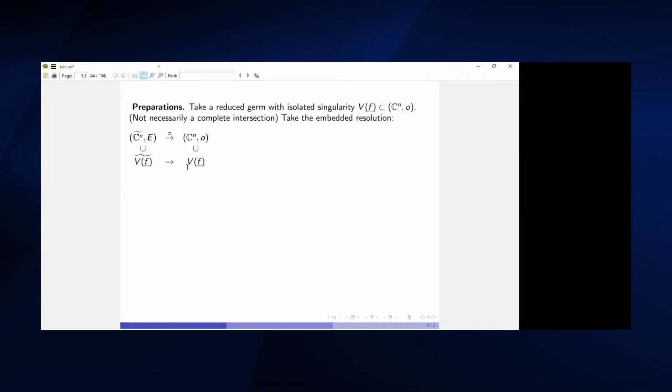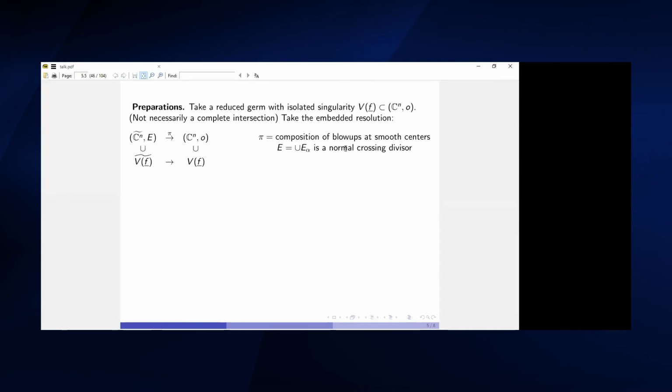And our singular germ lifts to the strict transform. Once again, pi is the composition of blow-ups at smooth centers, as traditionally is taken for the resolution. And E is the exceptional divisor, the union of its irreducible components.